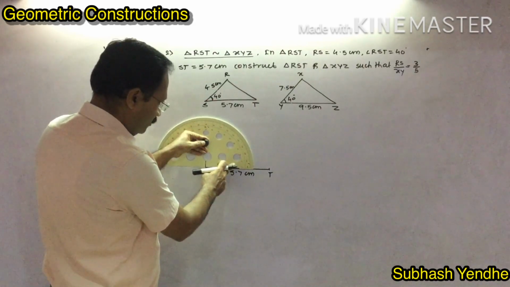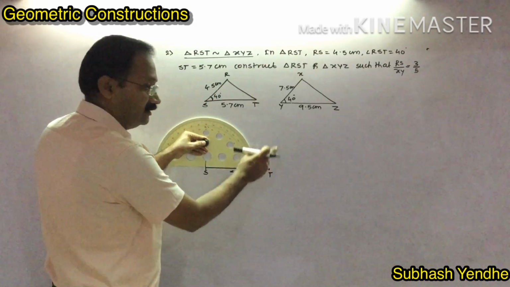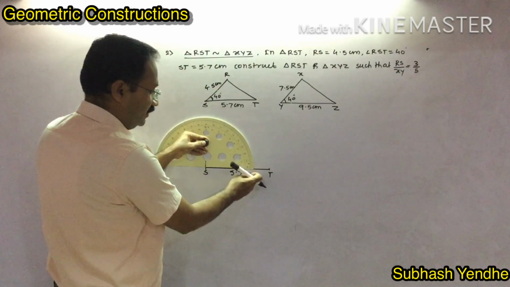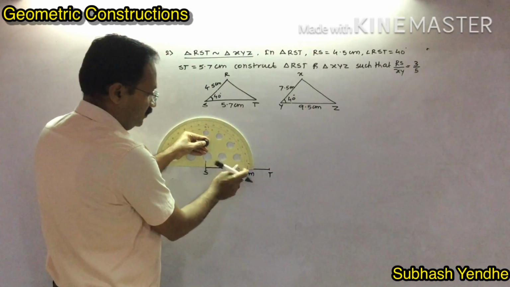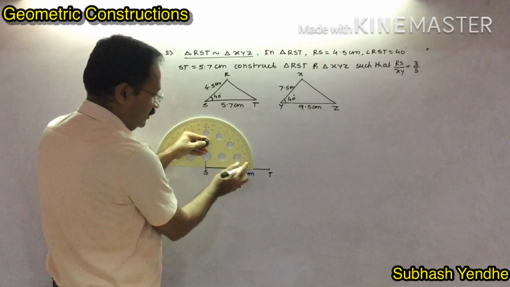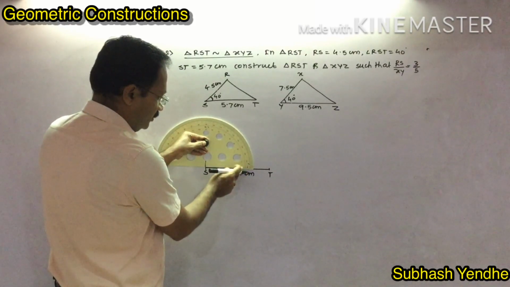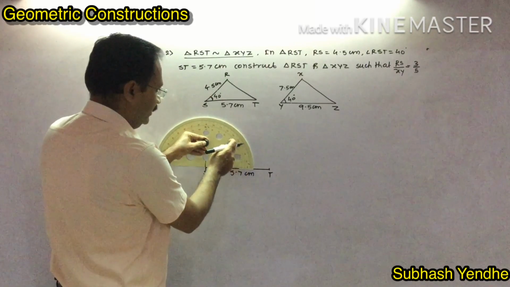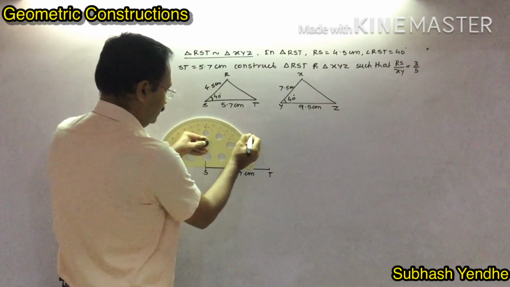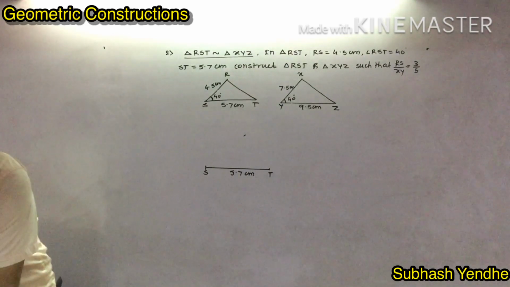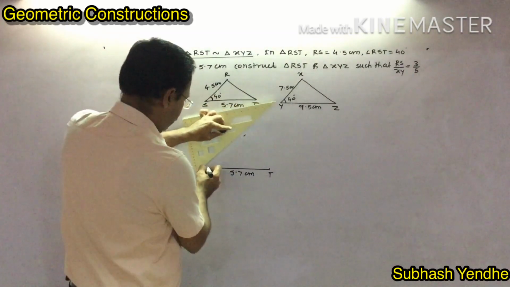I told you how to measure the angle: from the pencil side, from 0. So this is my pencil side and I am going to measure from 0: 0, 10, 20, 30 and 40 here. Okay, so this angle is 40. So now let's join it.